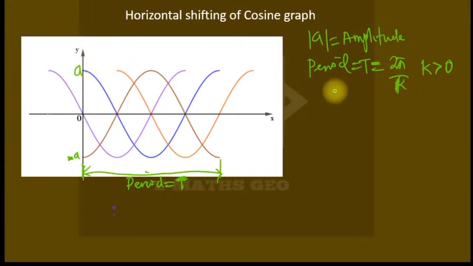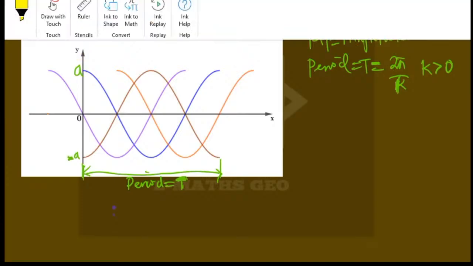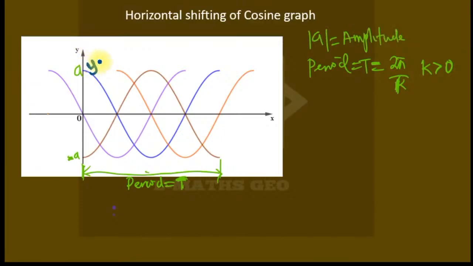And where is K? This is the parent graph, y equal to A cos kx. So the coefficient of x is K. You notice that to get this second graph, you shift the first one by B units.